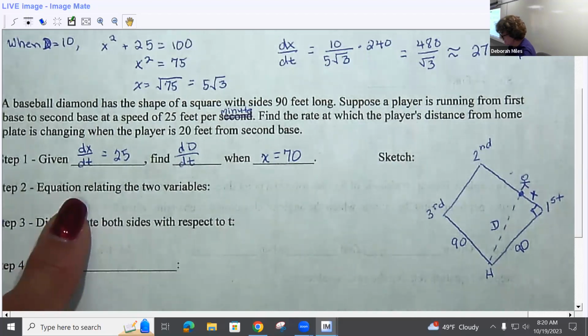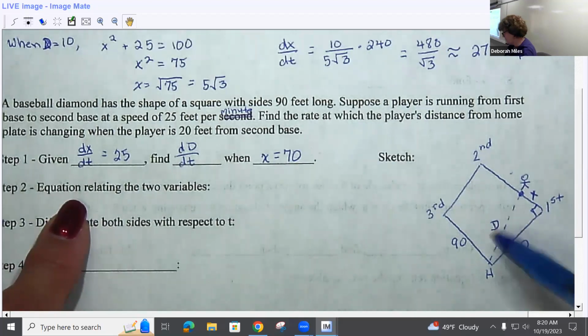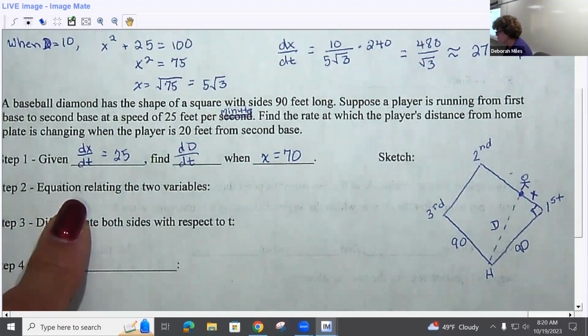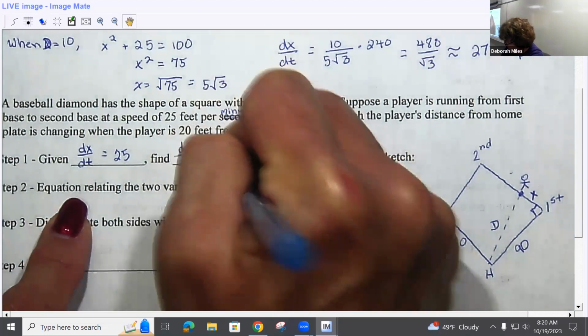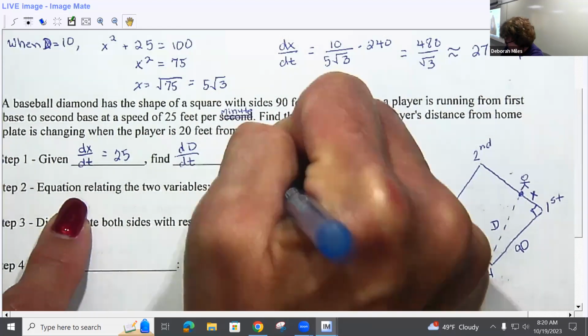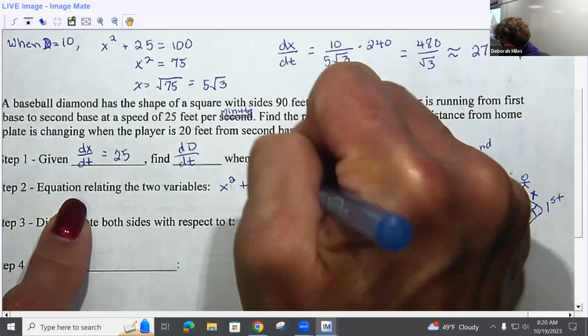What equation would relate my x and my d? Leg squared plus leg squared equals hypotenuse squared.